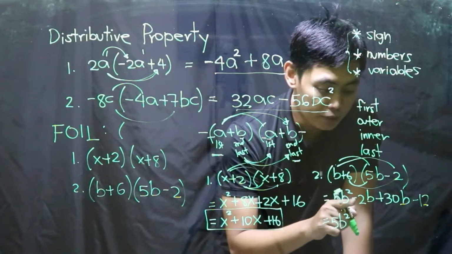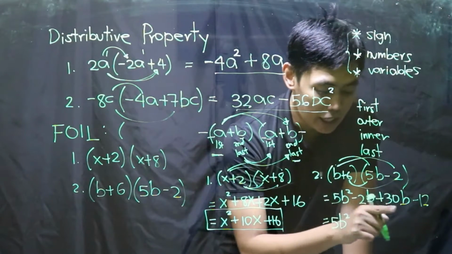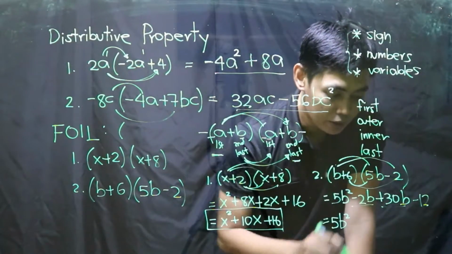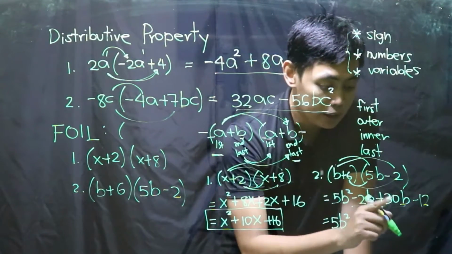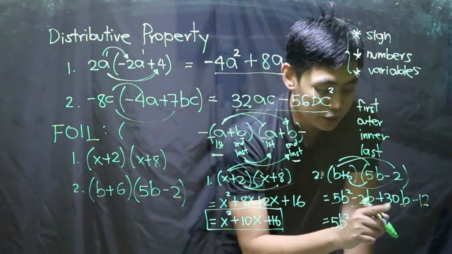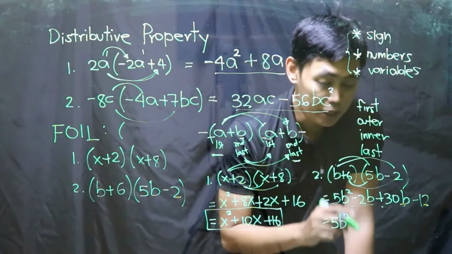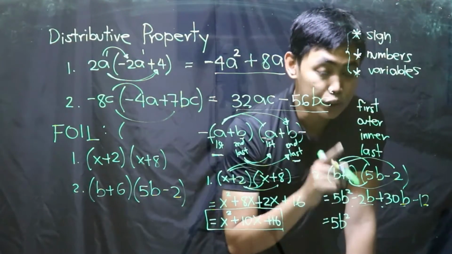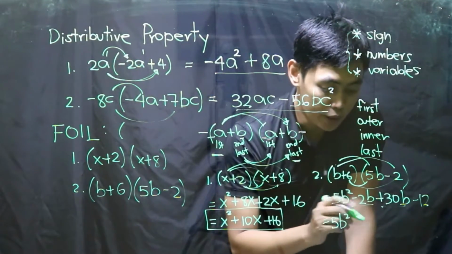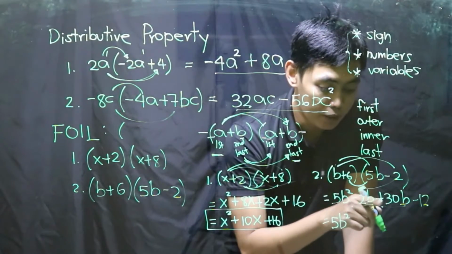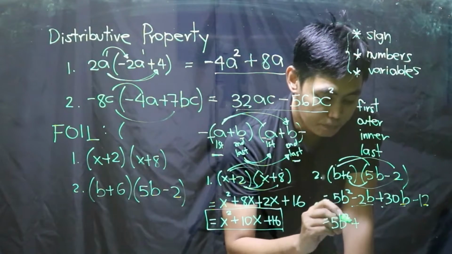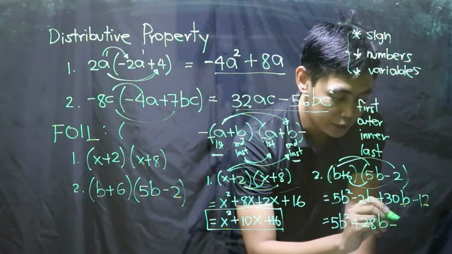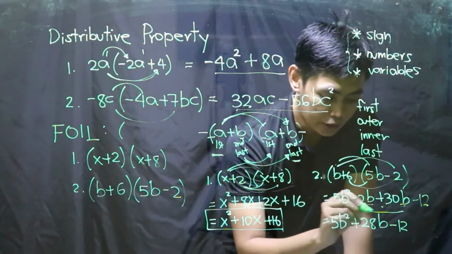So, since we have different signs, negative here and positive here, what we will do is subtract 30 minus 2, that would be 28. And we will use the sign of the bigger number. So what is the sign of the bigger number? Positive. So we will say plus 28 and then write b minus 12. So this is your answer.